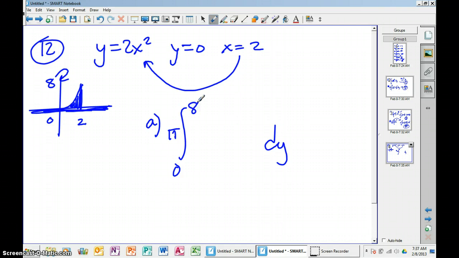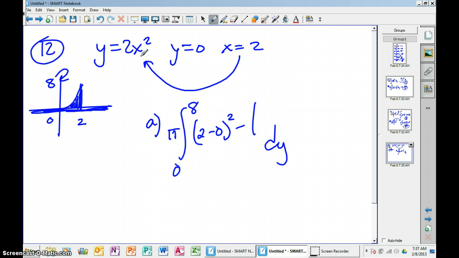And now, if I'm right, let me look at my answers here. Oh, man, I lost my answers. That's okay. So what it's going to be is 2 minus 0 squared. It's going to be 2, the rightmost, minus the line, 0, squared, minus the graph, which is 2x squared.